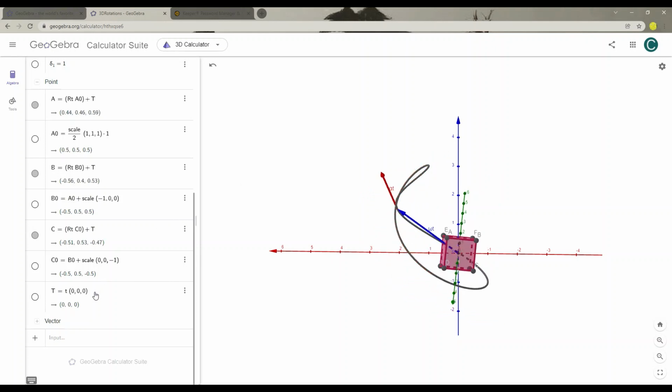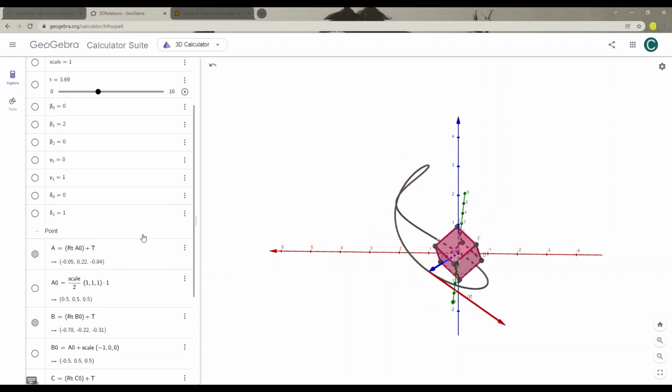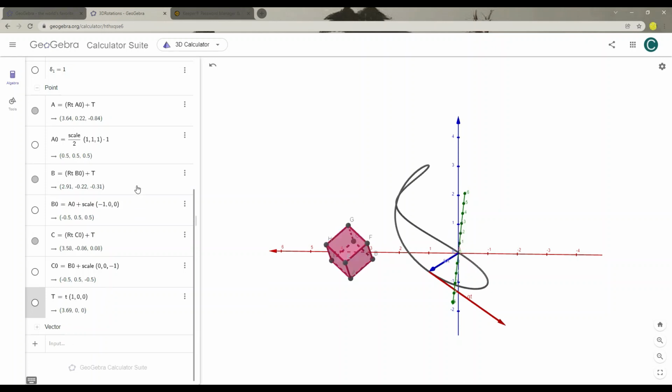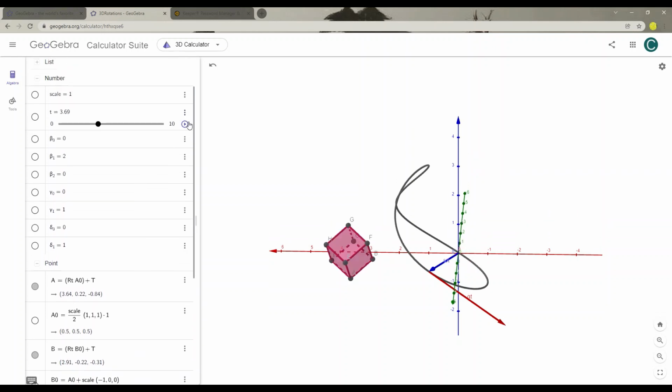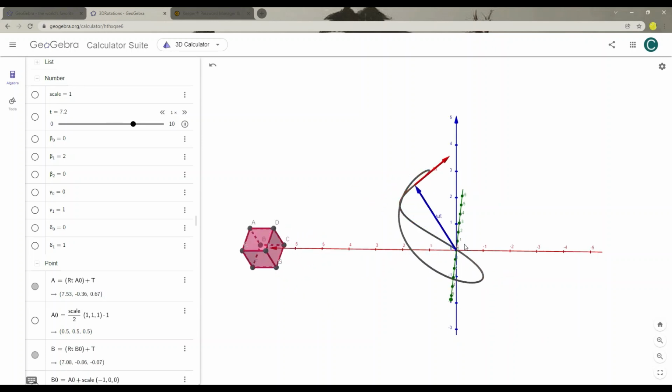Now the last aspect to consider is general motion. This is a situation where not only is the cube undergoing rotation, but it may also be undergoing translation. So in this situation, the cube is translating along the x-axis, and it's still rotating the exact same way.